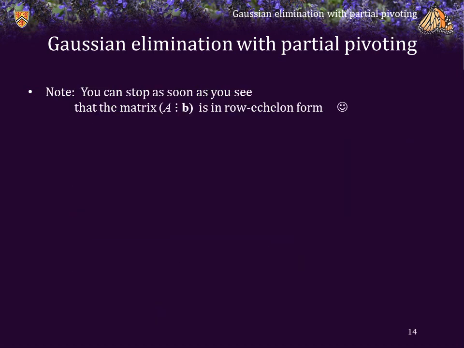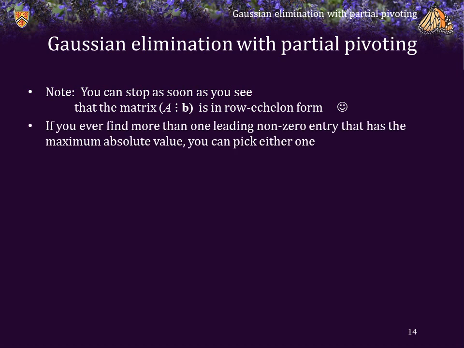Now note, that last step is how you would program this into a computer. However, you are able to stop as soon as you see that the matrix that you are manipulating is in row echelon form, because that is what this process will do. So as soon as you see the matrix is in row echelon form, you can immediately stop.